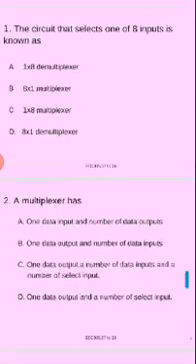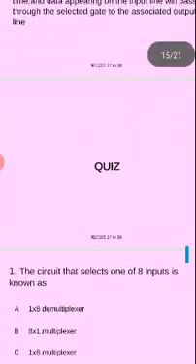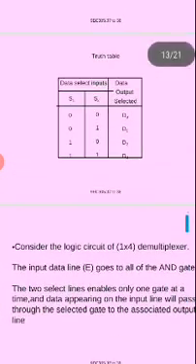These are the quiz questions which we discussed already. And we discussed clearly about the truth table of the demultiplexer and truth table of multiplexer.